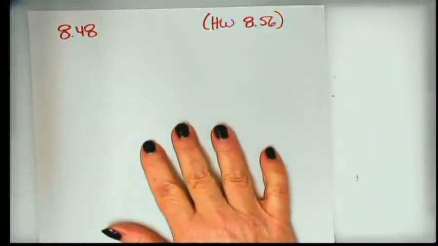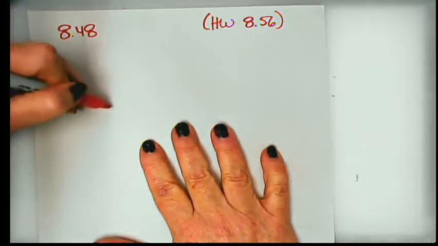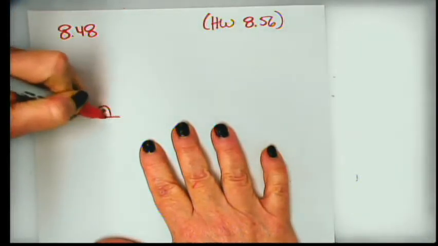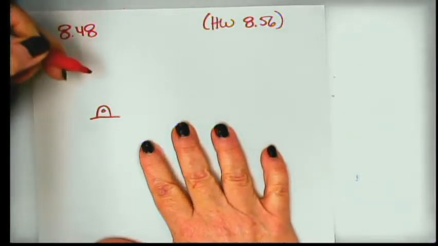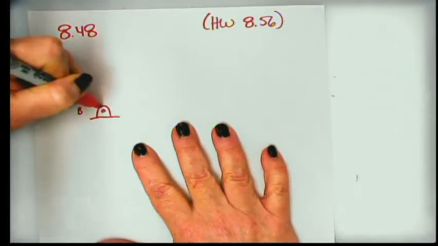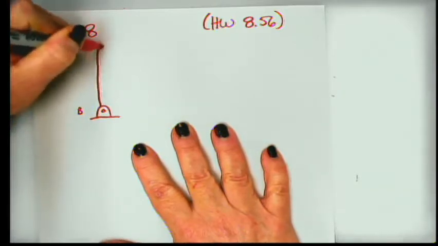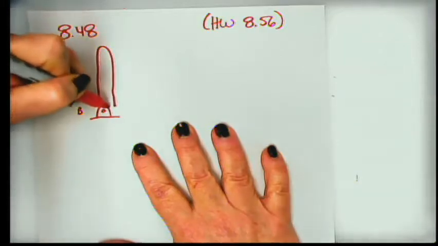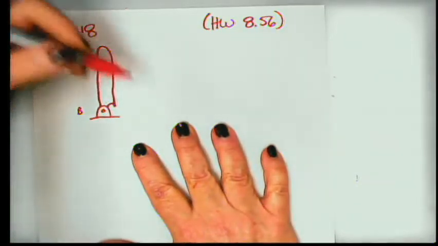So here on 8.48, we have a machine part ABC. And basically what we have is something that is hinged at point B, and it has sort of a lever. And this sort of comes down like that, I guess would be the best way to draw it.